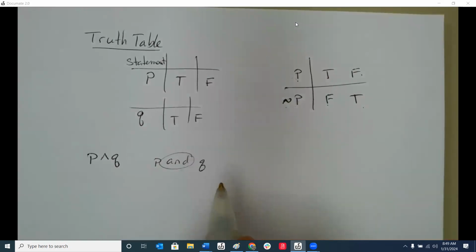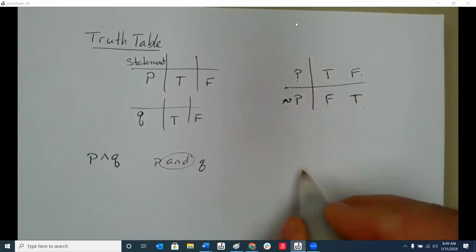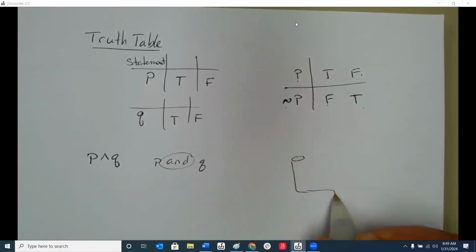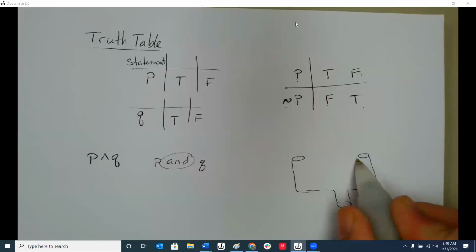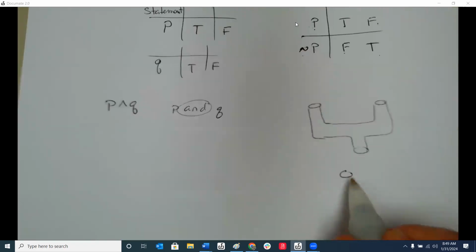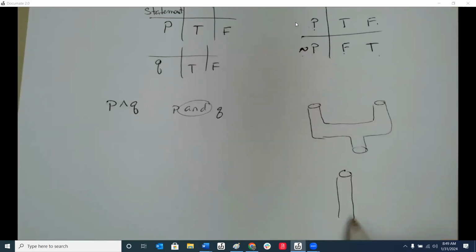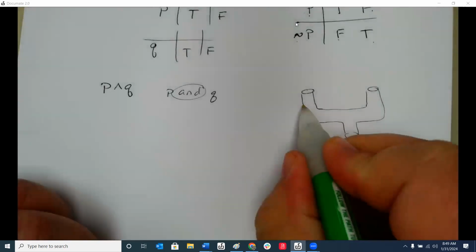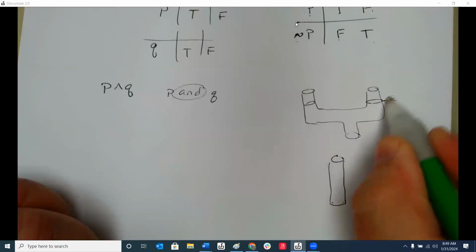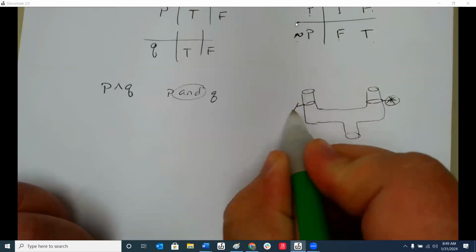You have two statements, the and. The easiest way to think of this, we have two possibilities here. And here we have little handles.